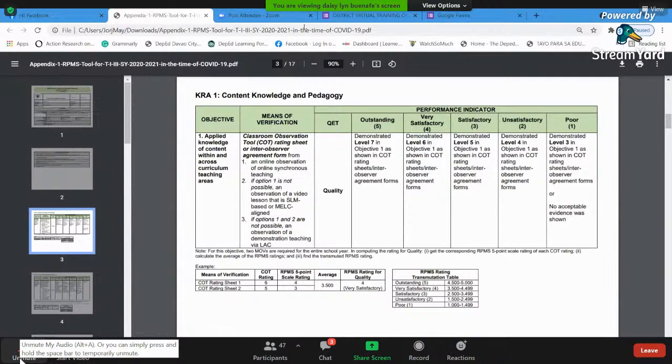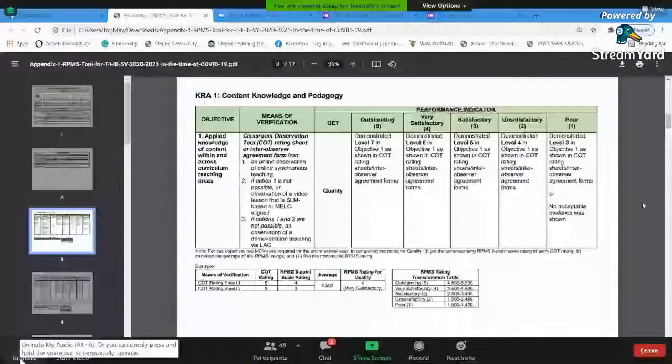That is why the rater or the school head has to conduct two classroom observations for each teacher. For the second class observation, you received a 3. Adding 4 and 3, divided by 2, you will have 3.5.